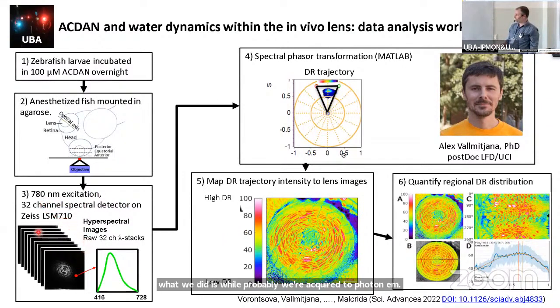And then in this stack, you can have spectra for one pixel after another. And Alex performed a routine in MATLAB to do the transformation. And then we color the spectral shift with this kind of scheme that selects the different angles, so the different modulation, which is related to the change in the center of mass of the spectrum.